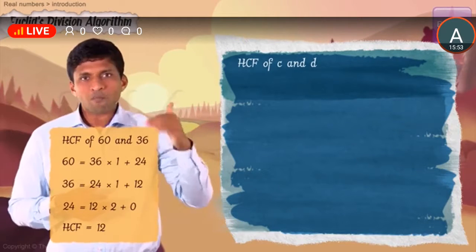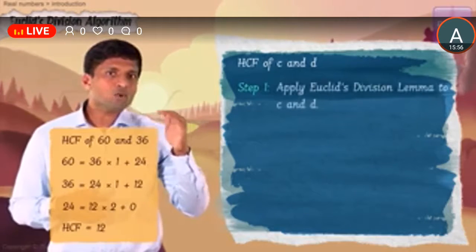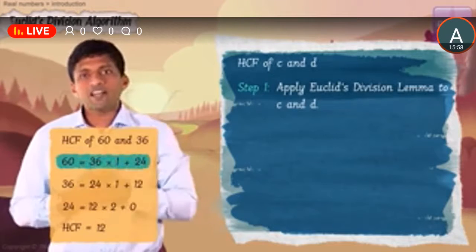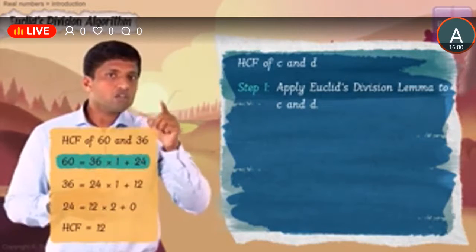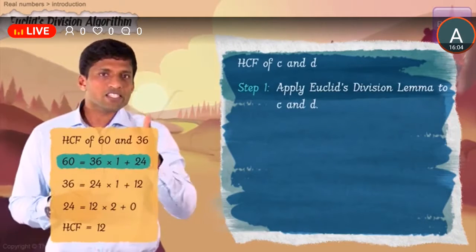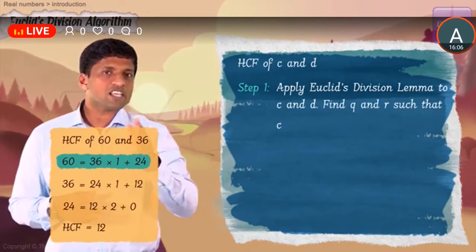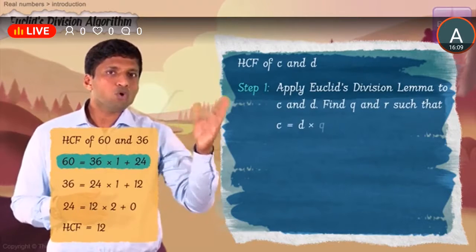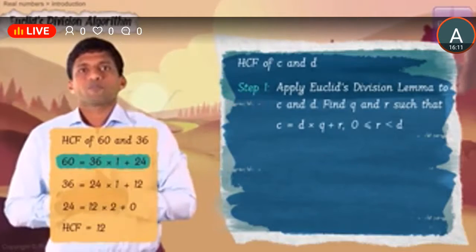What was the first step? Step 1 is apply Euclid's division lemma to C and D so that you can find whole numbers Q and R such that C is the dividend, C equal to DQ plus R.